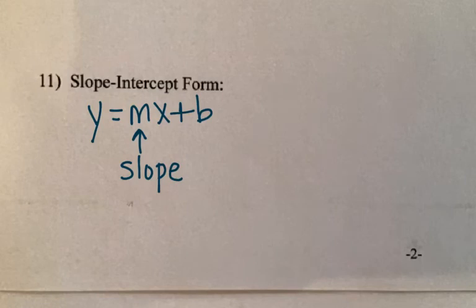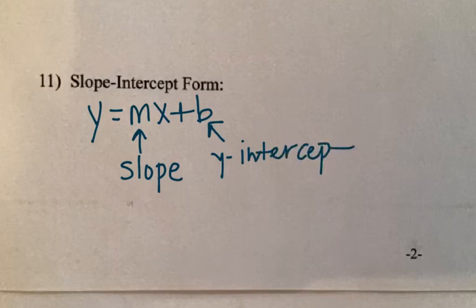Now, b is a new one. Your b is going to be your y-intercept. Again, there's no b in y-intercept, so I guess the same person that made up m for slope also made up the letter for y-intercept. But commit these to memory, and we're going to talk about exactly what it means on the next slide.